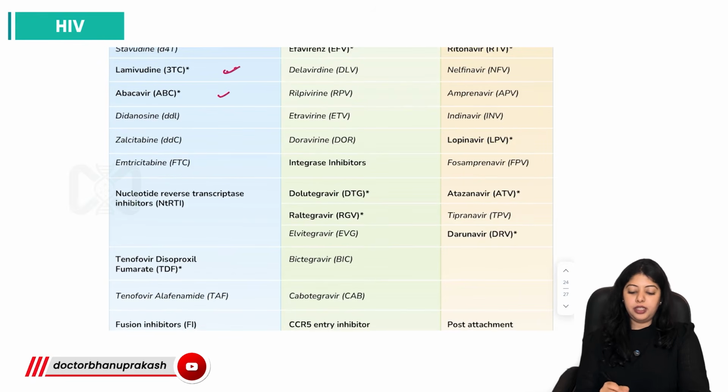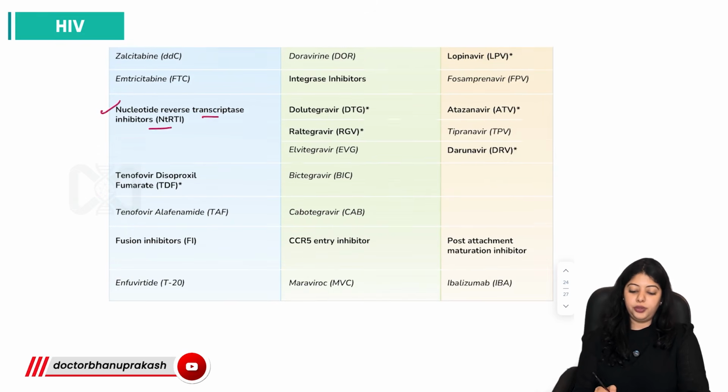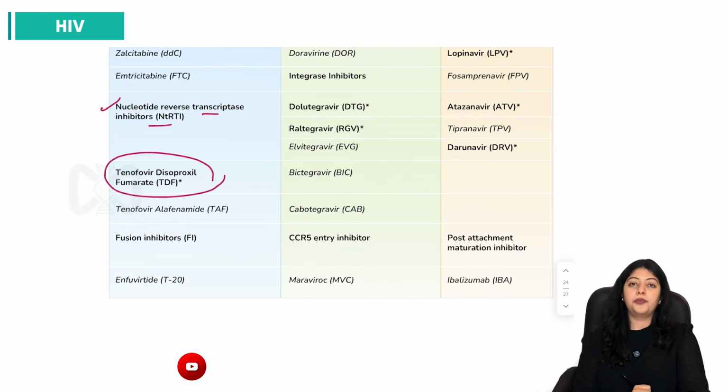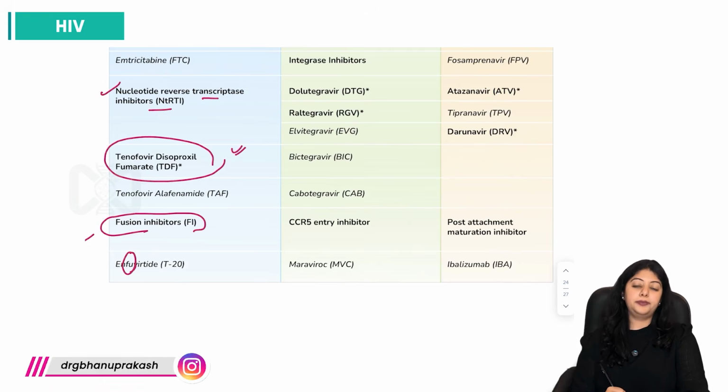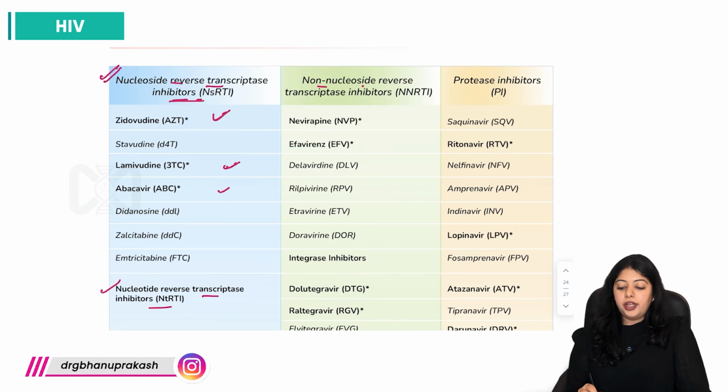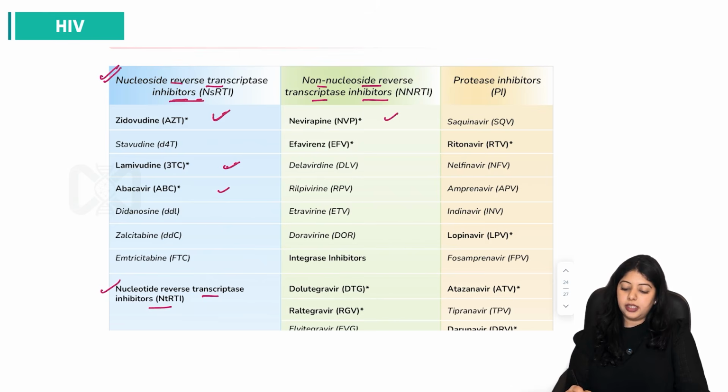Then next comes the nucleotide reverse transcriptase inhibitors, which include the most important drug, tenofovir. Then the next category is fusion inhibitors, which include enfuvirtide. Non-nucleoside reverse transcriptase inhibitors include the two important drugs, nevirapine and efavirenz.